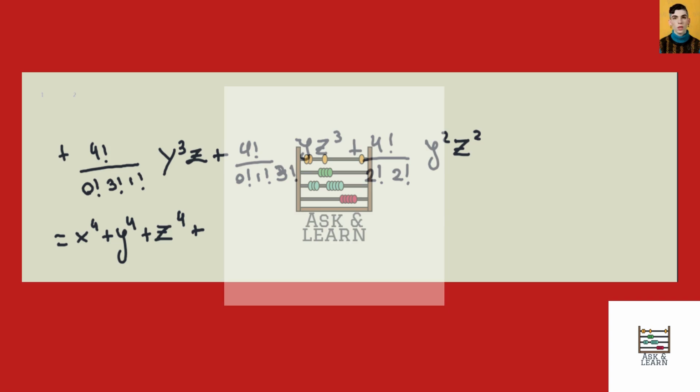Here, the number that we have is 4 factorial over 2 factorial over 2 factorial, and that's actually 6. So we have 6y squared z squared, 6x squared y squared, and 6x squared z squared. And those are all those terms.